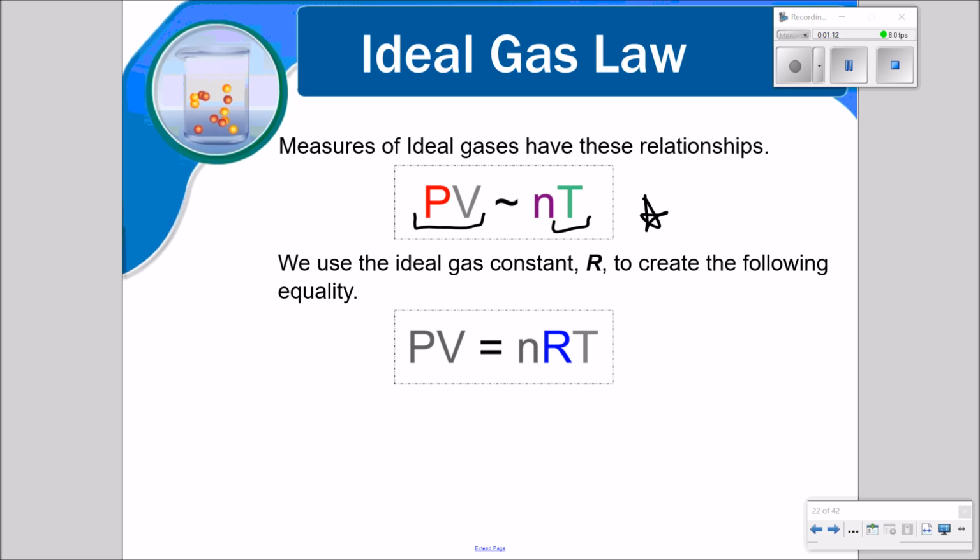When we create the ideal gas law, we're going to take those relationships and use the ideal gas constant, known as R, to create this equality right here: PV equals nRT, also known in layman's terms as "PivNert," you'll hear often. And this R is going to designate the constant relationship between these variables.